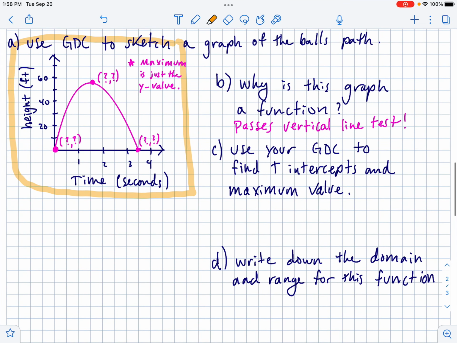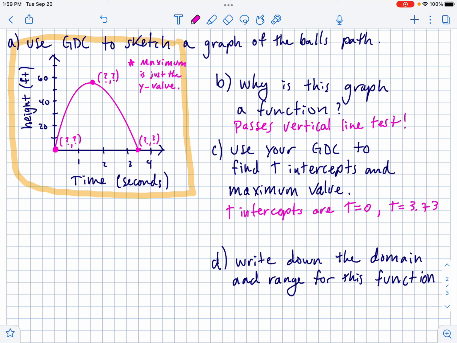I'll show you guys in class using your GDCs how to find those intercepts using your graphing calculator. But once you do find them, the t-intercepts are t equals 0 and t equals 3.73.